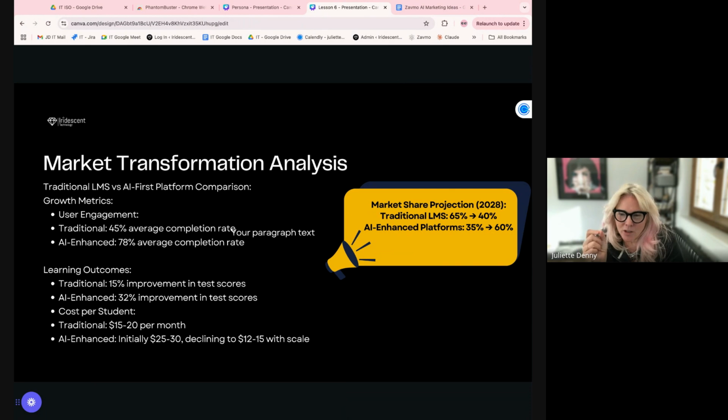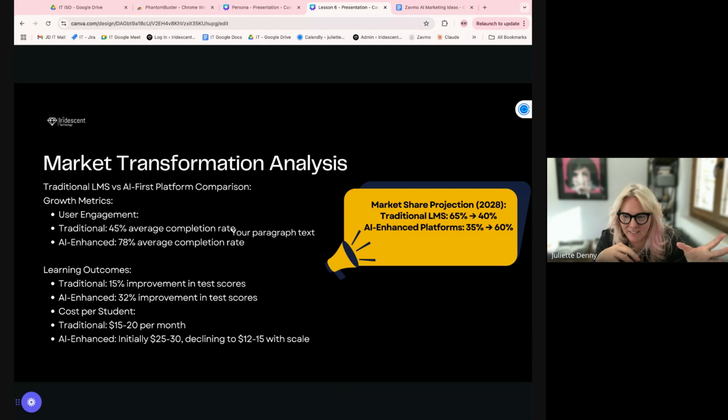Now, the other question you might ask is, well, why? So let's say you say, well, AI is just a widget. I mean, it doesn't make any difference, does it? It's not particularly effective in terms of learner engagement. So then you start digging into the why, and the reality is that with traditional learning platforms, you get an average completion rate of about 45%.